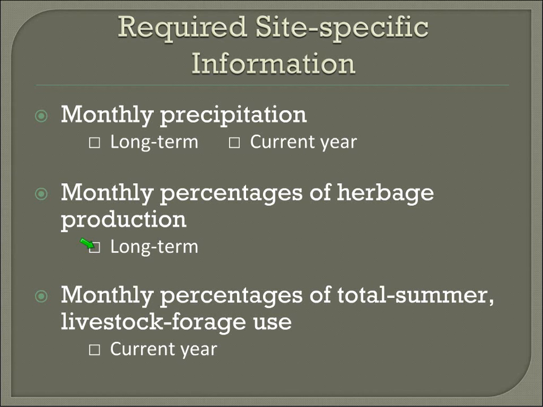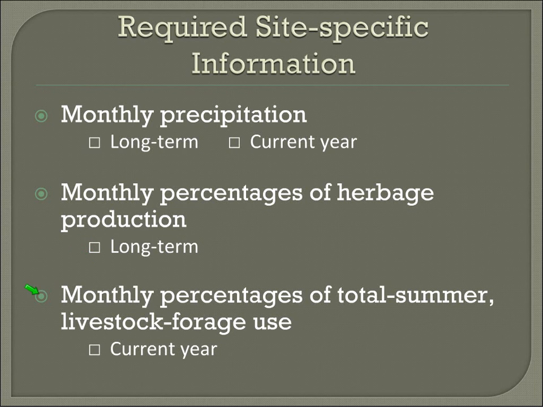And those numbers are nothing more than the percent of the total annual herbage production expected in each month from the beginning to the end of the growing season. Contact your local NRCS folk to acquire this information.